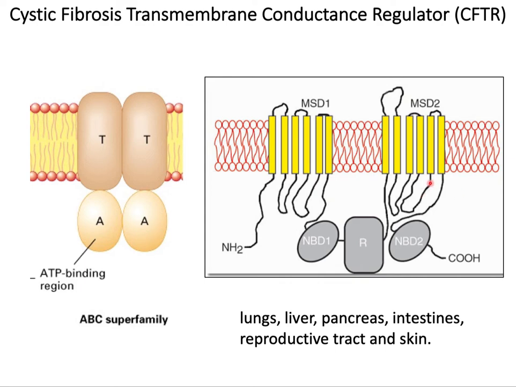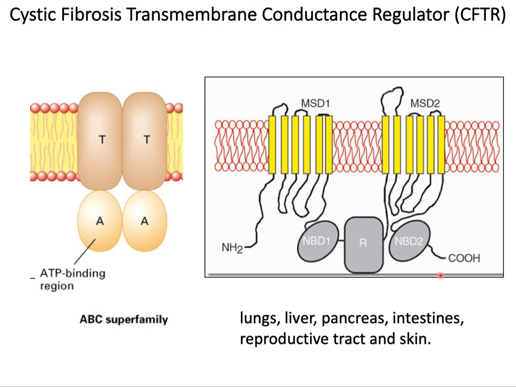In the boxed region of the slide, there is a more detailed rendition of the CFTR, and the yellow are the transmembrane regions. Sometimes they are referred to as membrane spanning domains, MSD1 and MSD2. And then in gray, you have two ATP binding regions. These are also known as NBD1 and NBD2, which stands for nucleotide binding domain 1 and domain 2.